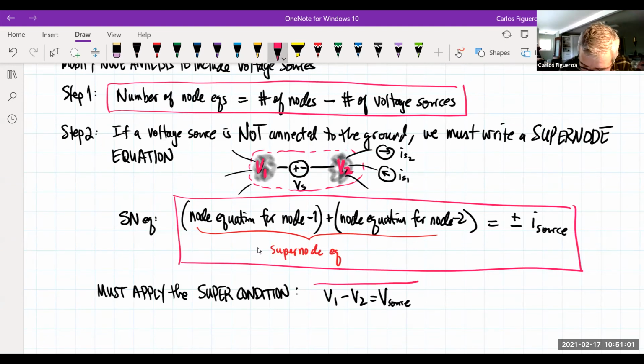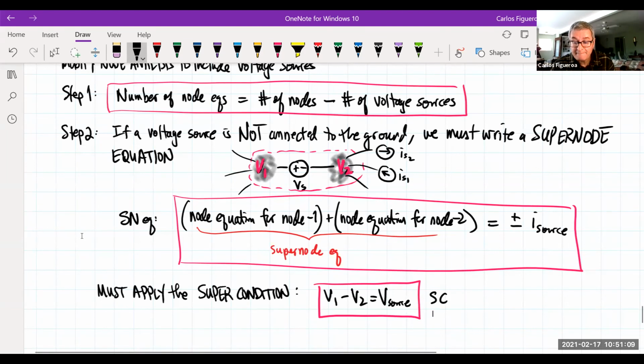So this guy is my supercondition, which is my SC value. And so that's how we modify node analysis. So one of these equations is going to be a supernode equation, and then we'll just apply it that way.